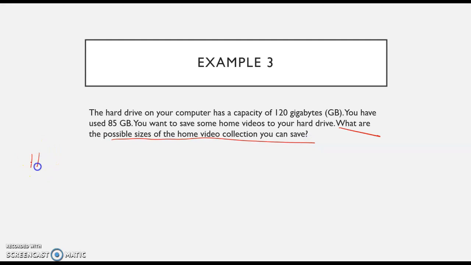So HV for home video, what sizes, right? Go back and what do we know? Capacity, so that means the ability, it can hold at least 120, but no more than 120, right? Or at most 120. I said that wrong. So capacity, right? Cap. This is cap as in the most you can have.